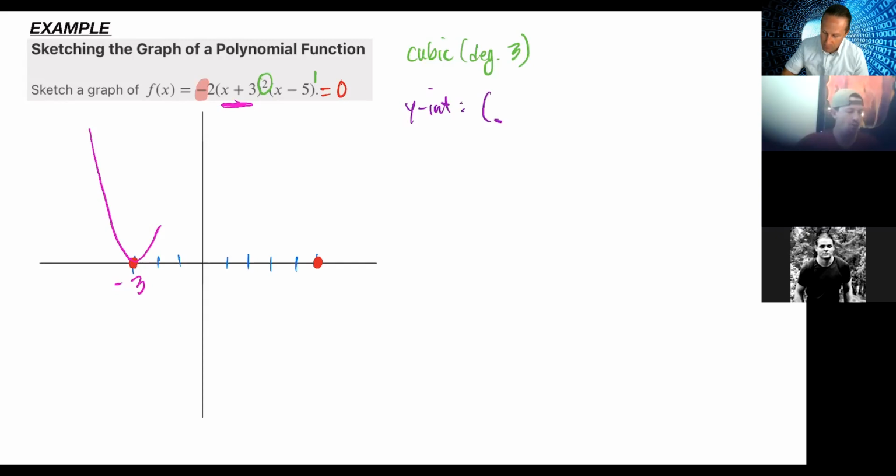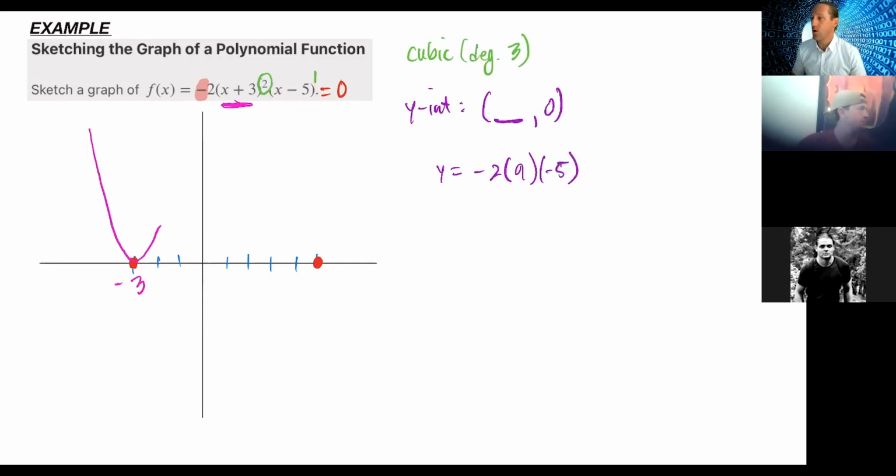So I would have y equals -2 times, what happens when I plug in a 0 here? I just get +3, but don't forget you had to square it. So it's going to become a 9. Right? And then when I plug in a 0 here, I'm just going to be left with a -5.